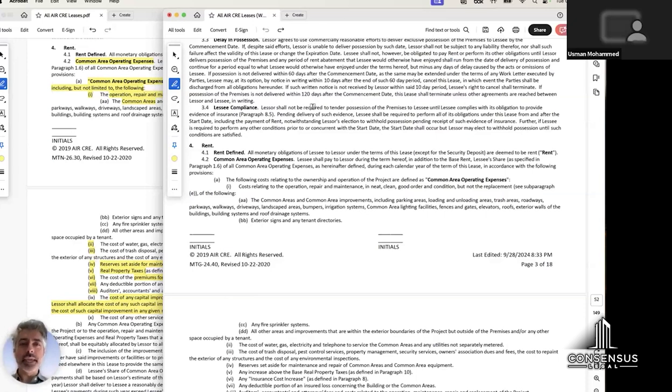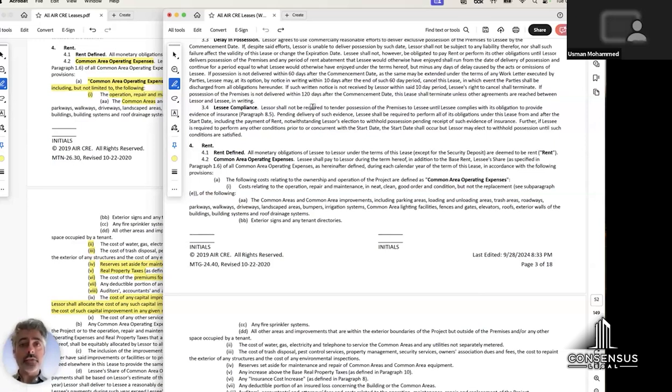The base year is basically the 12 months before the lease was executed. There's slight differences that we won't get into, but in general, as property taxes and insurance expenses increase, lessee is only going to pay those increases.